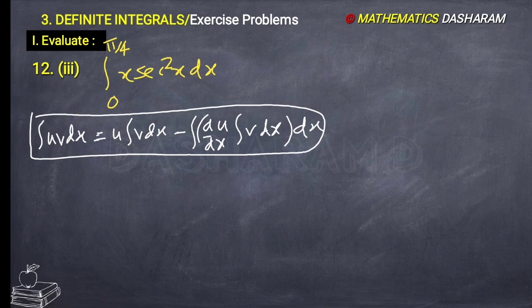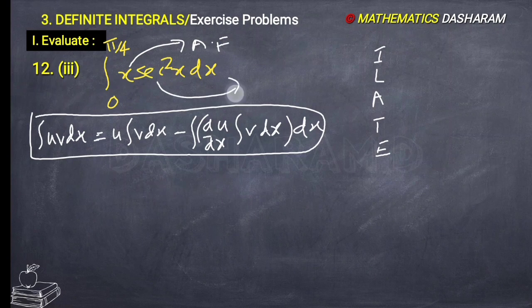But in the given question, which is u and which is v depends on the ILATE rule. Here x is an algebraic function, sec²x is a trigonometric function. As per this rule, algebraic first, trigonometry second, so they are in the proper order. So we can take u as x, and this is v.